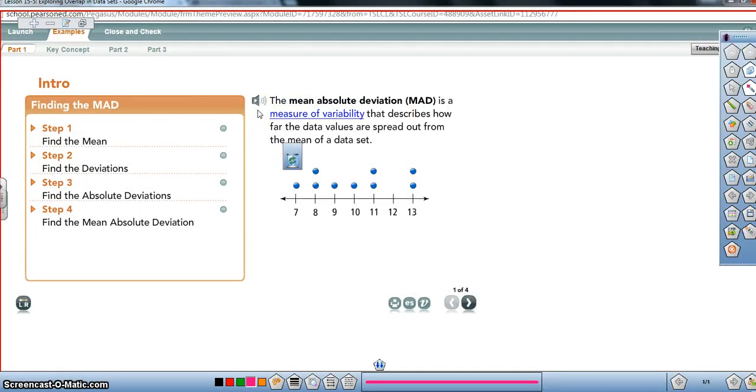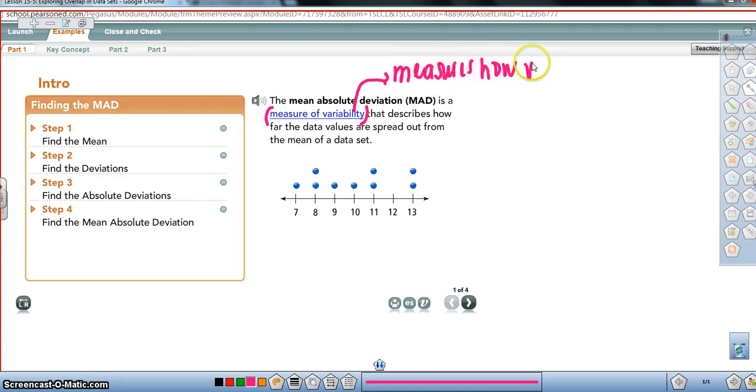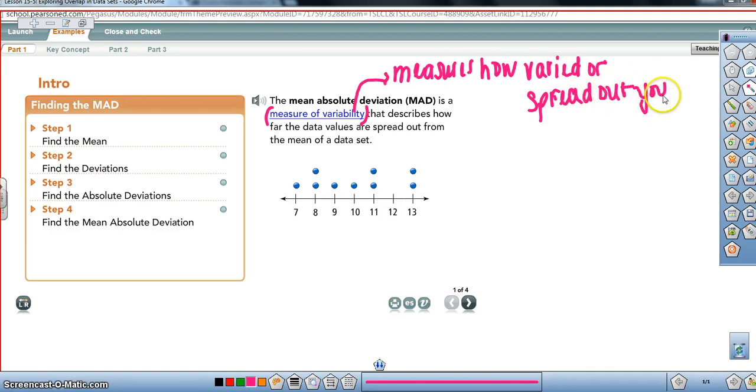We talked about this phrase, measure of variability. A measure of variability measures how varied or spread out your data is.